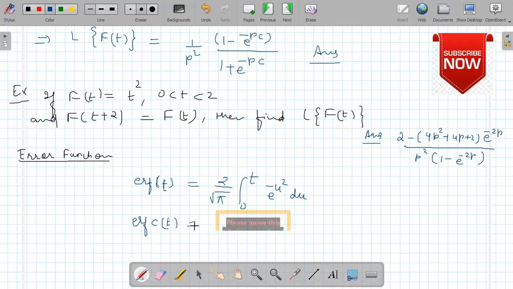This is called the complement of the error function, and it is nothing but 1 minus ERF t. Means if we subtract the error function from 1, that gives us the complement of the error function, and it is defined as 2 upon root pi integral t to infinity e to the power minus u square du.